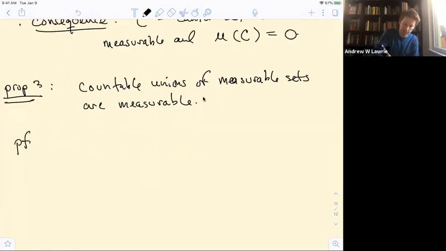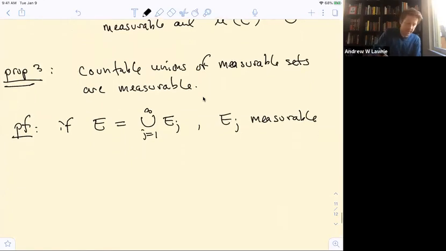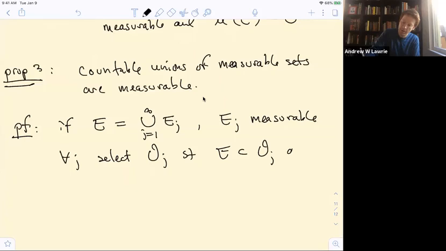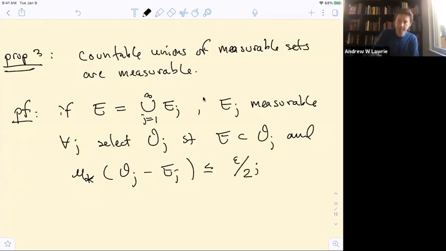So the proof is that if E is equal to the union from j equals 1 to infinity of Ej, with Ej measurable, for every j, select an open set Oj such that Ej is inside Oj, and the exterior measure of Oj minus Ej is less than or equal to, you guessed it, epsilon over 2 to the j.